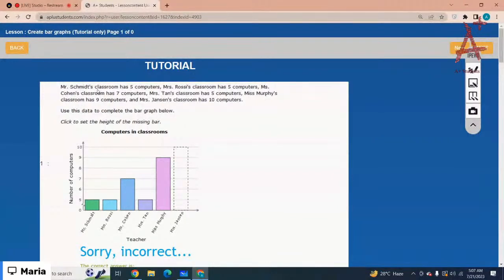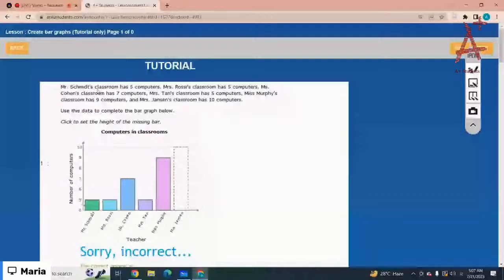Use this data to complete the bar graph below. Click to set the height of the missing bar. Okay, the missing bar is for Mrs. Jensen's. See what is the value. Jensen's classroom has 10 computers.